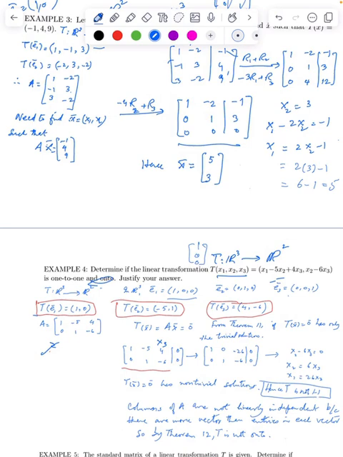But there are 3 columns, and the number of entries in each column is just 2. So the size of the column and the number of columns is different. This is not linearly independent, so they do not span R2. Hence, this is not onto.